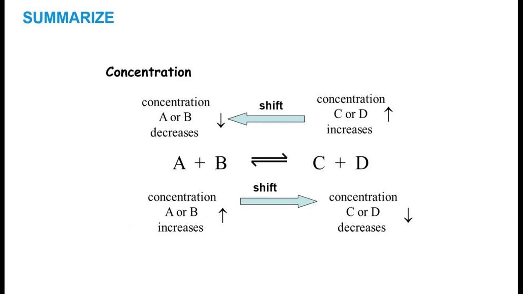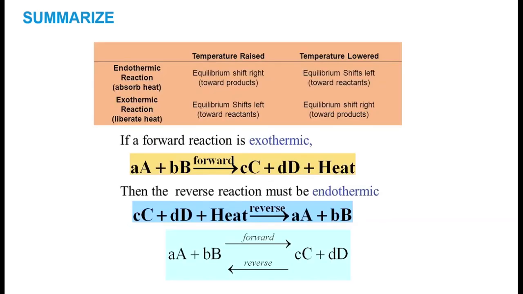The equilibrium can be displaced by changing the concentration, temperature or pressure. By increasing the concentration of reactants, more product is obtained. In case of an exothermic reaction, by lowering the temperature, more product yield is obtained.